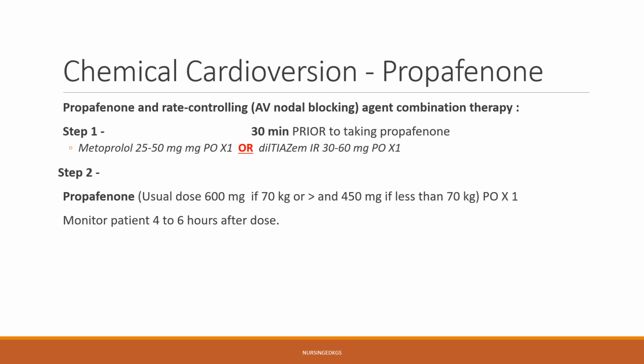And then the propafenone usual dose is 600 milligrams if your weight is above 70 kilograms, and then 450 milligrams if you weigh less than 70 kilograms. And you're going to monitor the patient for up to 4 to 6 hours after the dose.